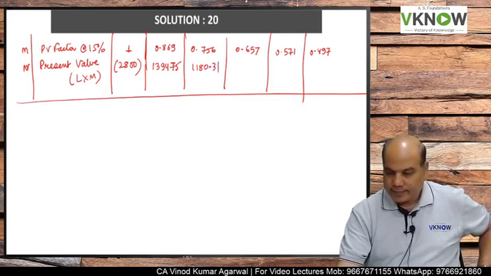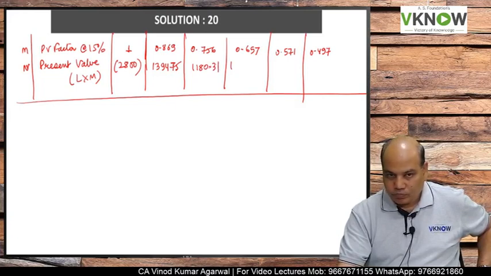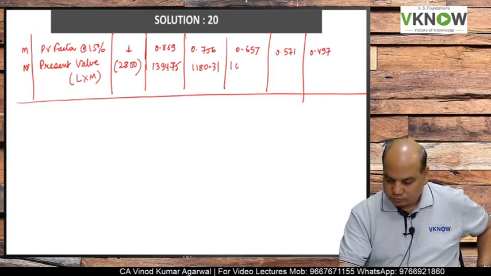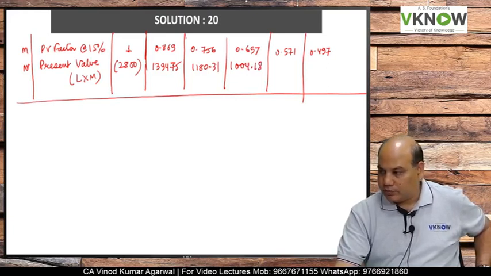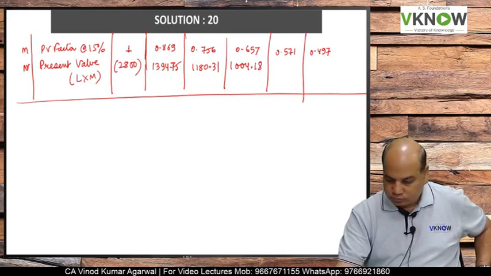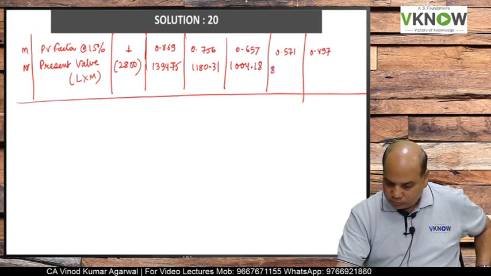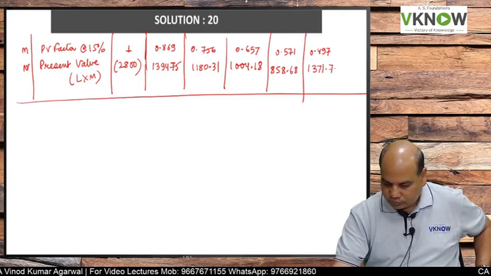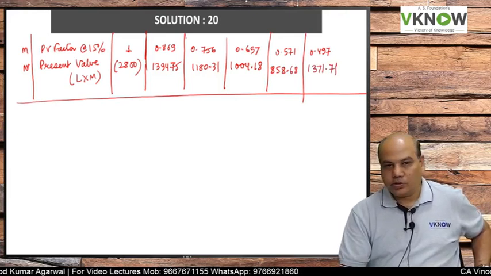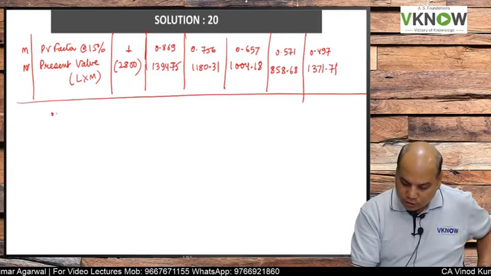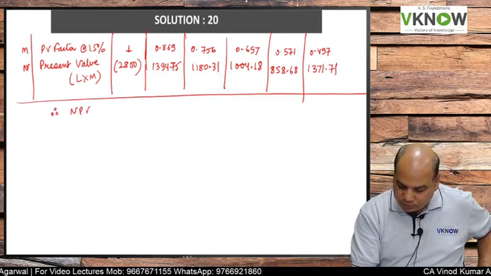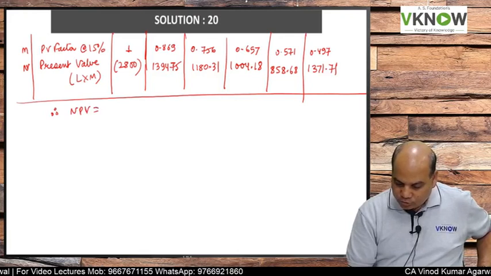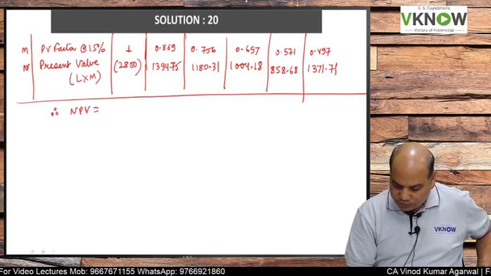Okay. 1004.18. Very good. 858.68. Very good. 1371.71. So therefore NPV is equal to, now you will add all these numbers in the last line.